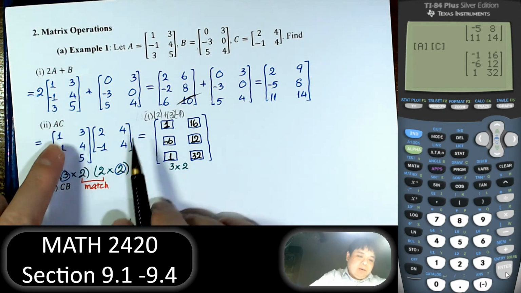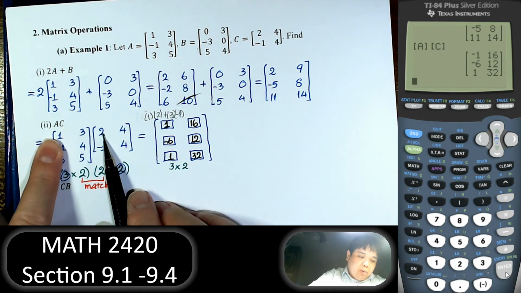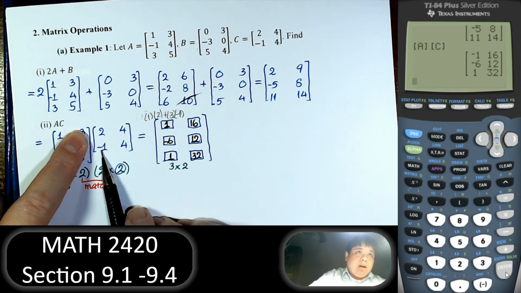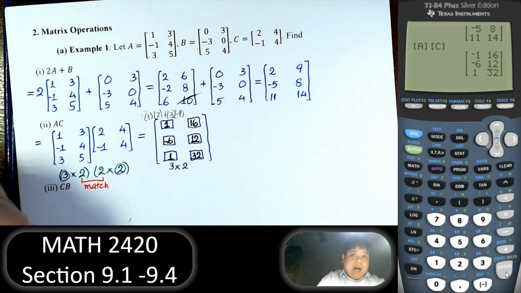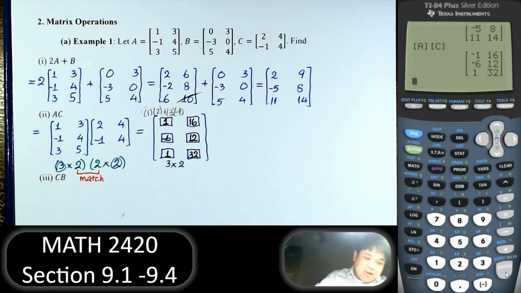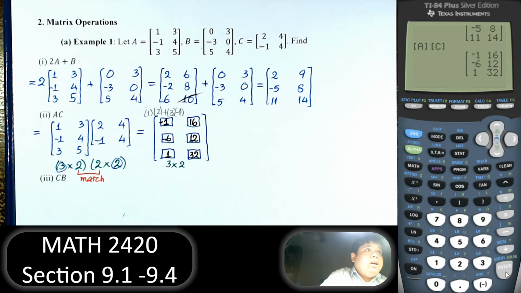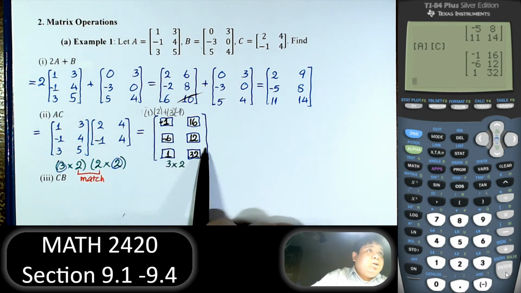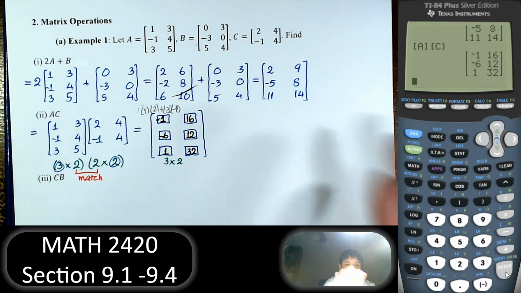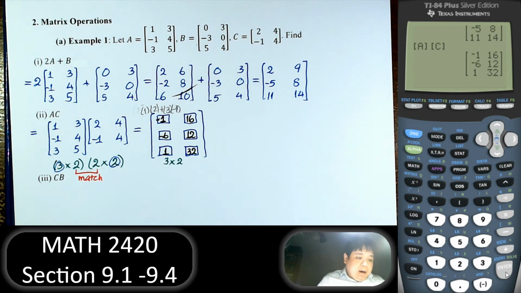So 1 times 2 and 3 times negative 1. You go across and going down simultaneously. So we check: negative 1, 16, negative 6, 12, 132. So that's good.